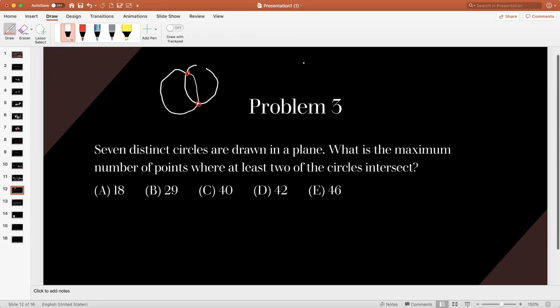So if we have 7 circles, we choose any two of them, and for those 2 circles we pick, we will have 2 intersection points. That's our number of intersections of those 7 distinct circles. After we compute this, our answer is indeed 42, which is our answer of D.